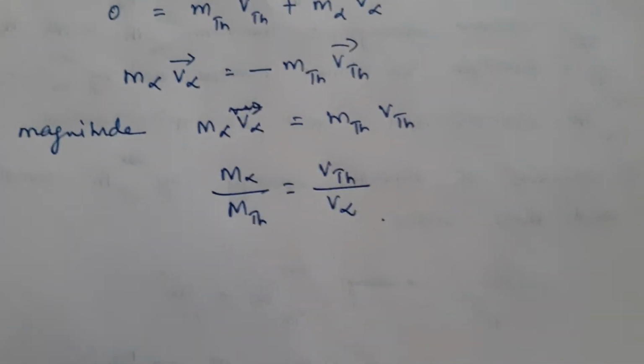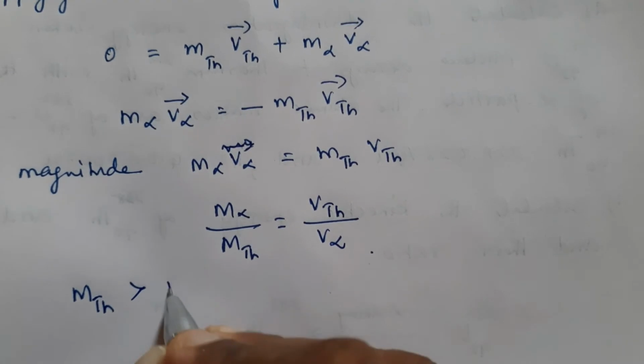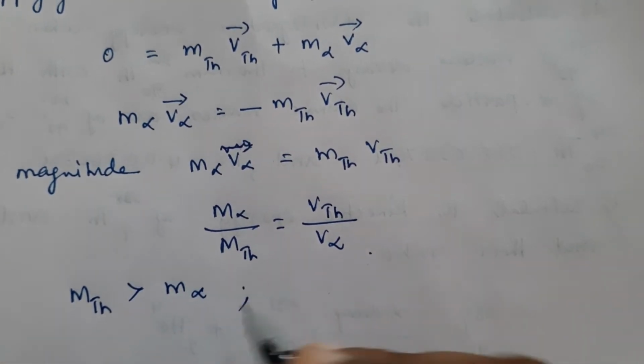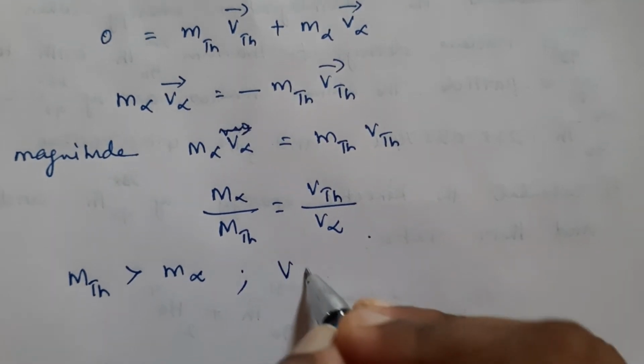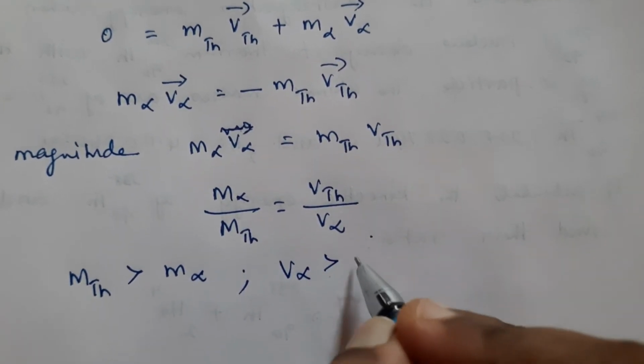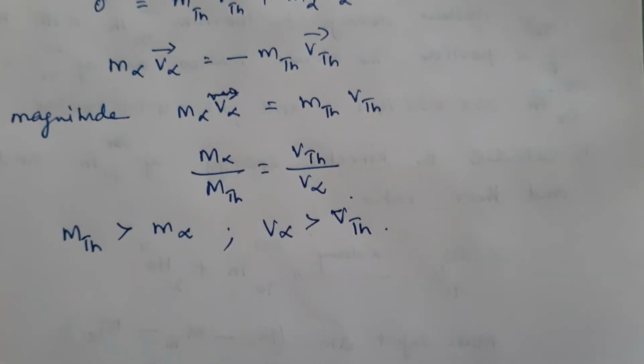We know the mass of thorium is greater than the mass of the alpha particle. Therefore, because they are inversely proportional, the velocity of the alpha particle is greater than the velocity of the thorium.